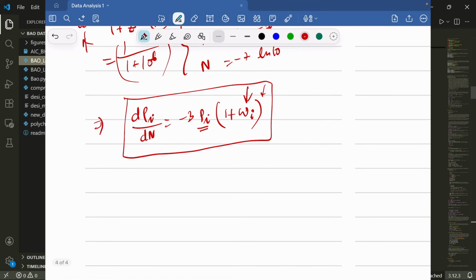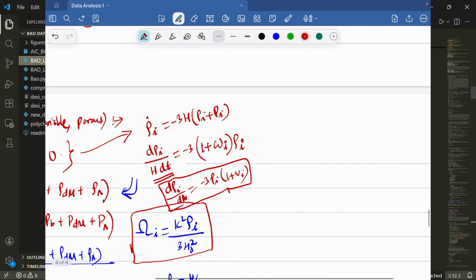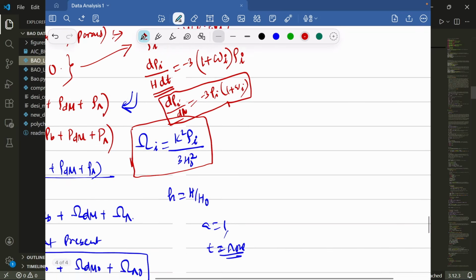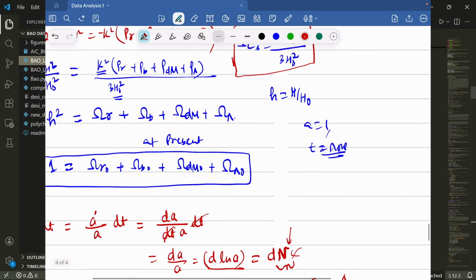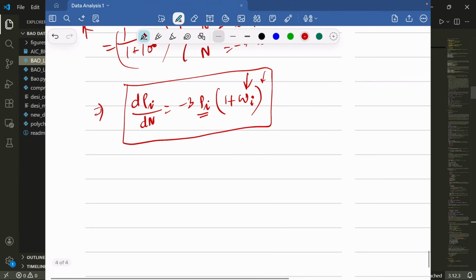So what I'm going to do, I have already defined these. Omega_i is equal to kappa squared rho over 3 H squared. These are my variables. So I will write kappa squared rho_i over 3 H_0 squared.